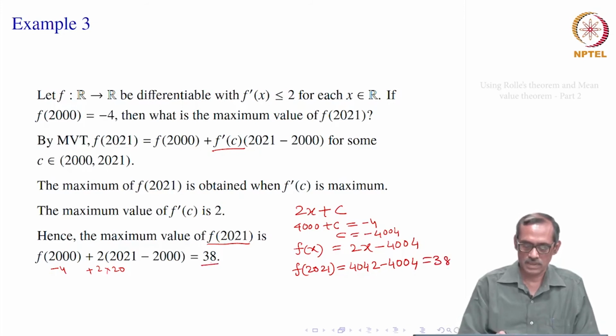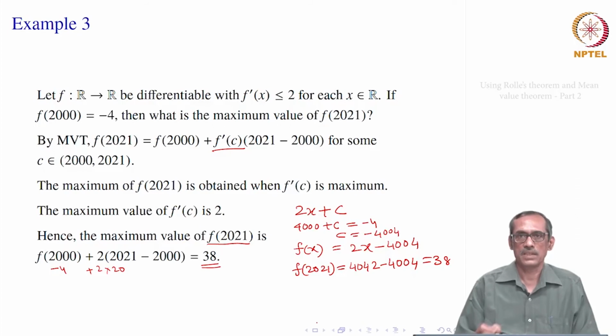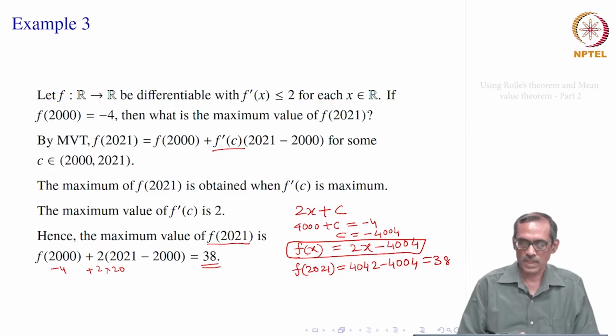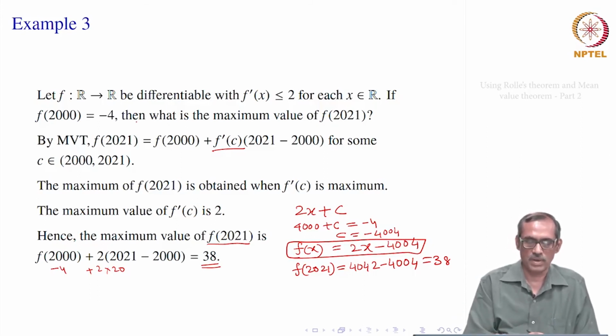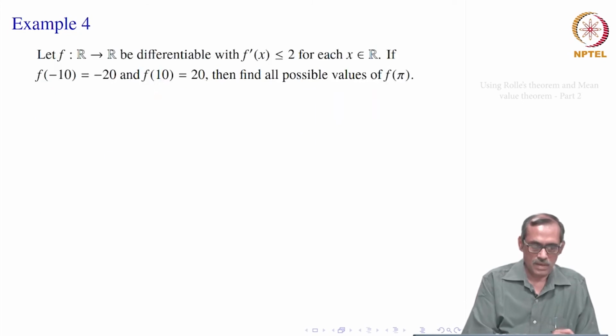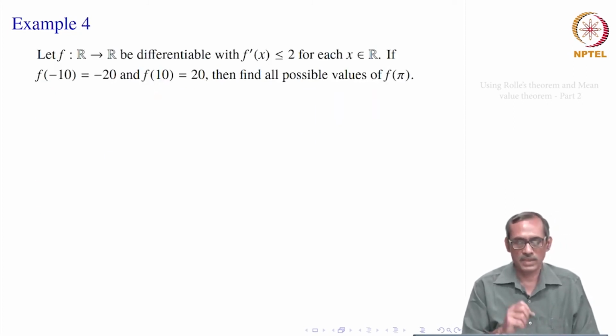So, exactly 38 you are getting. That means this possible maximum value can be achieved by choosing a function suitably, namely f of x equal to 2x minus 4004. So, that in fact completes the problem, though we have not shown that in the example, because we wanted only the maximum possible value. Okay. So, let us go to the next problem.